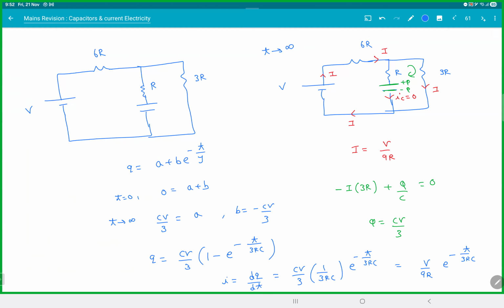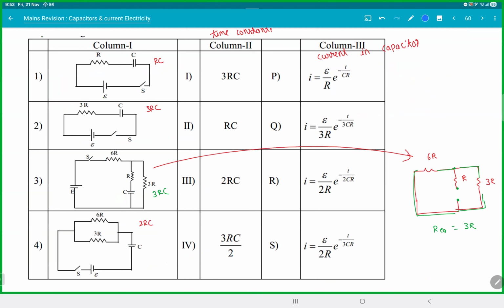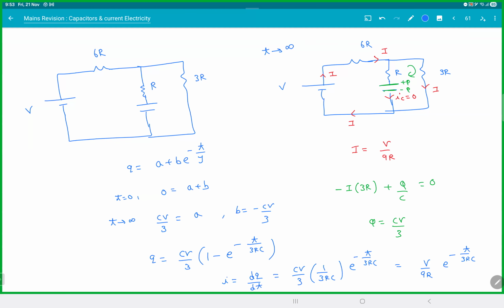Did I mess up? They're getting option Q, E by 3R minus T. That only, I got a 9 there.